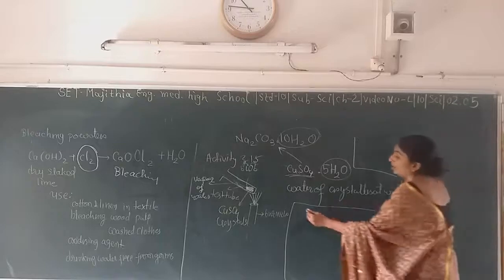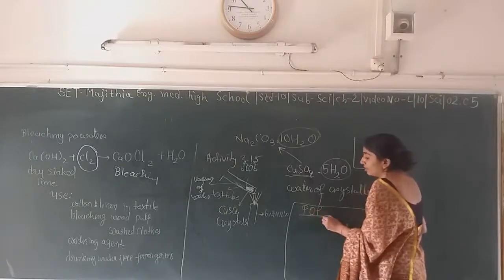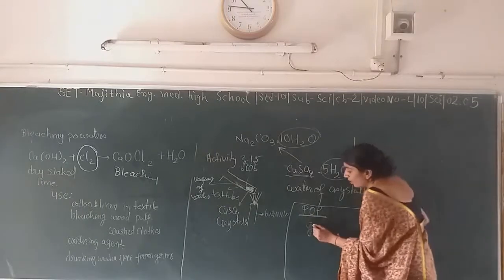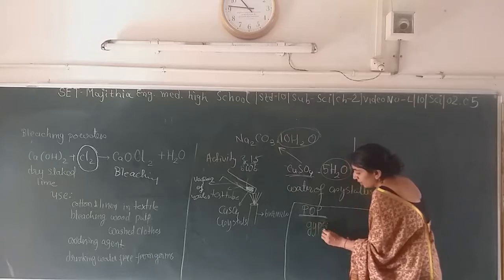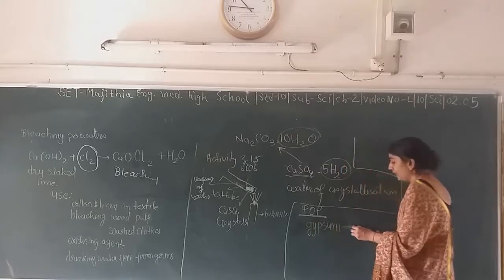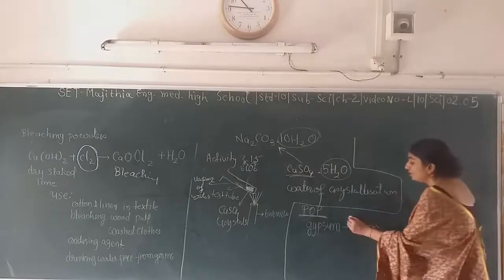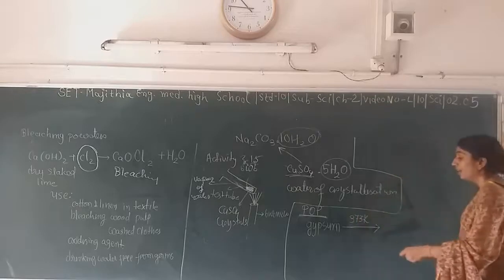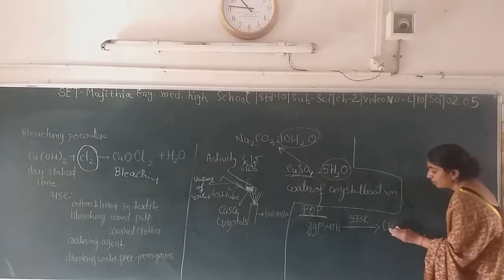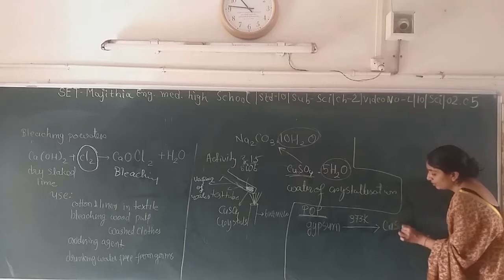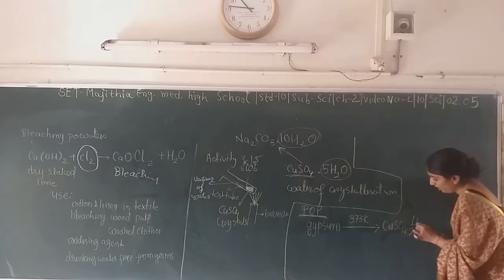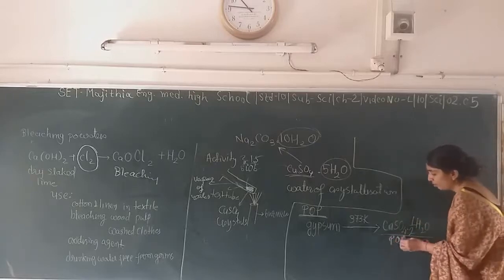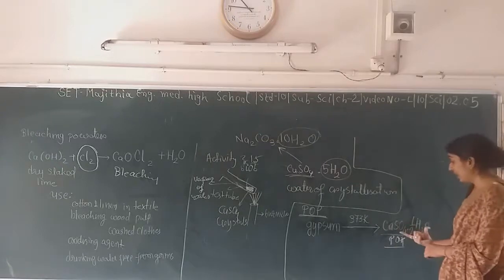Next thing is plaster of Paris. We call it POP. So what we do is we take gypsum, which we get from the earth's crust. When we heat this gypsum at 373 Kelvin, it gets converted into CaSO4·½H2O, which is called plaster of Paris.